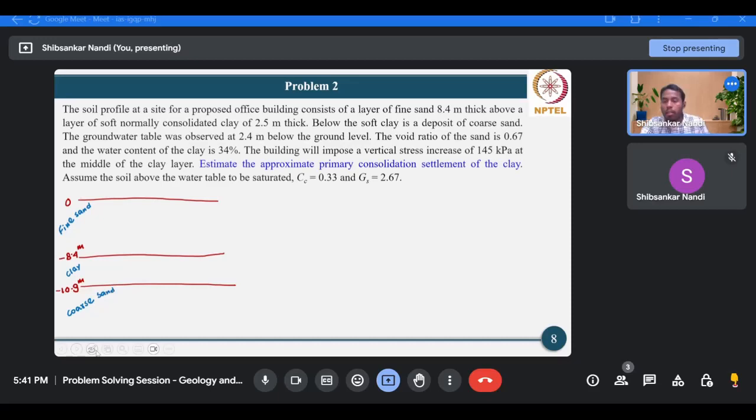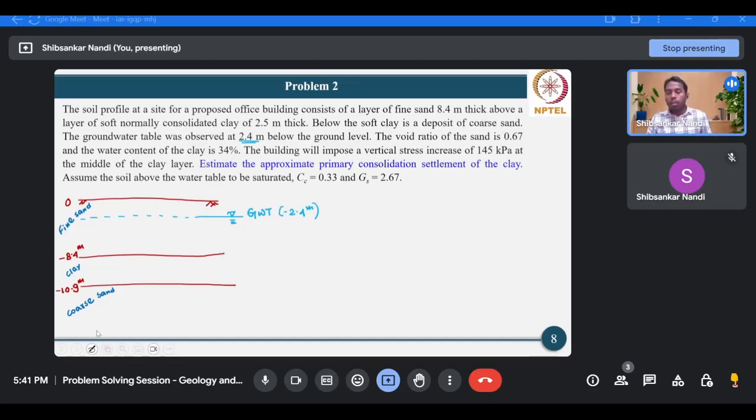Okay. Now the water table for this problem is located at a depth of 2.4 meter below the ground level. So here, this is the GWT, this is minus 2.4 meter.